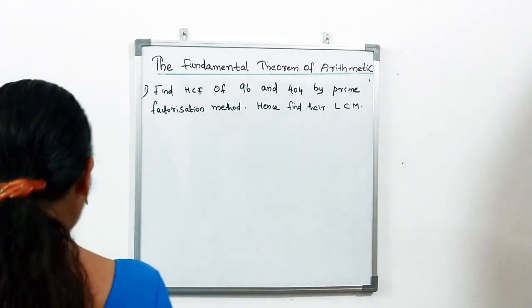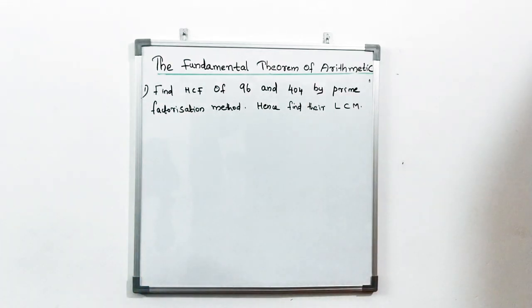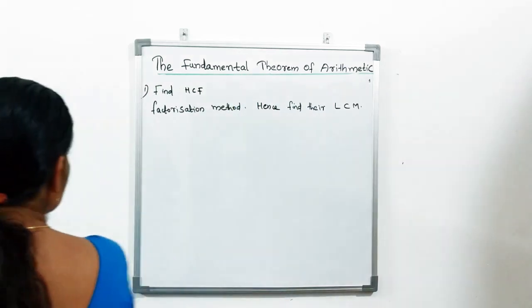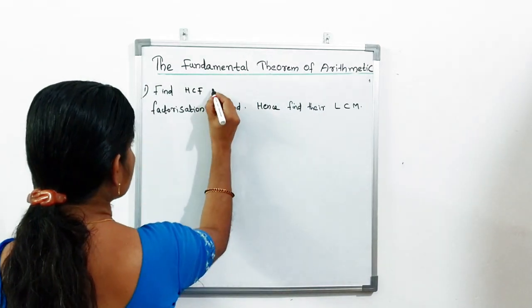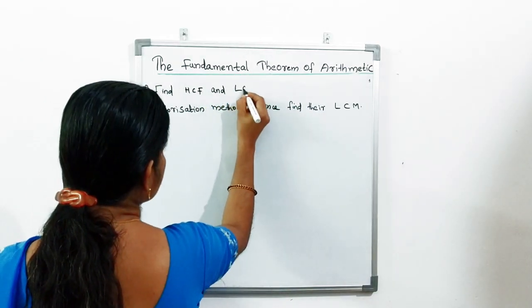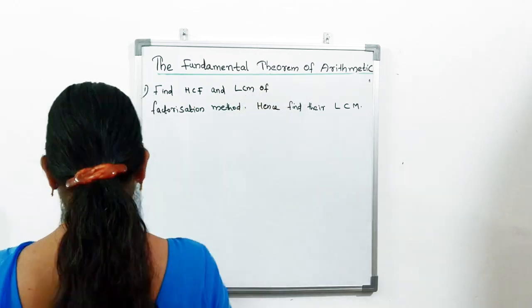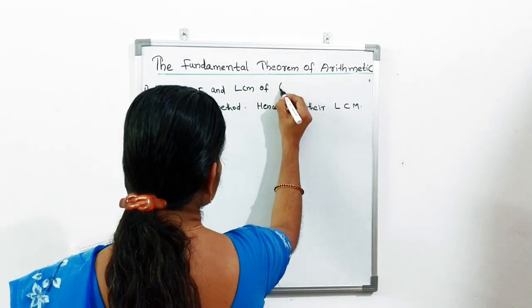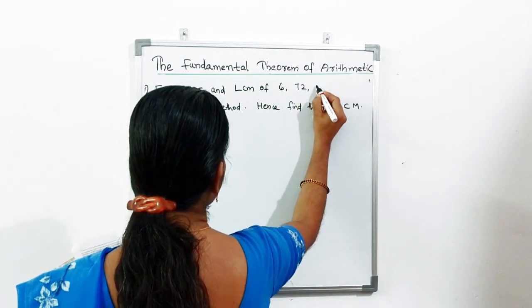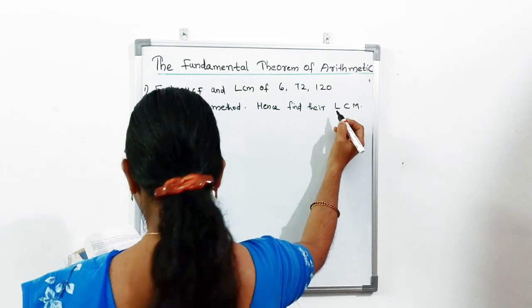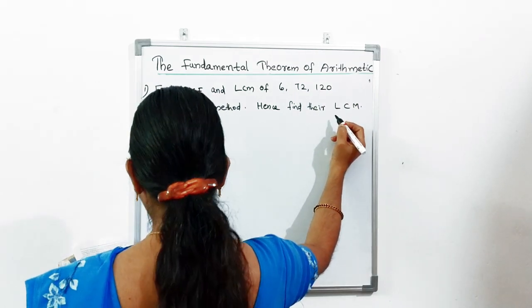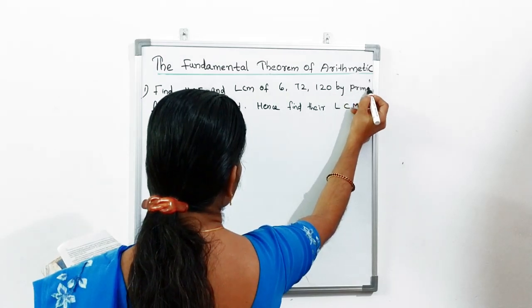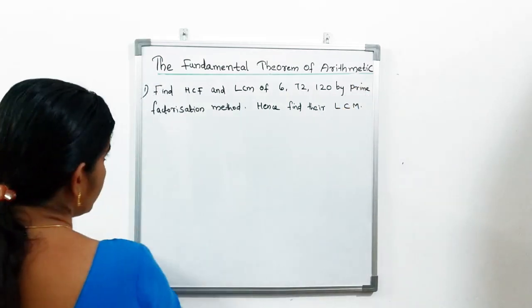Find the HCF and LCM of 6, 72 and 120 by prime factorization method.